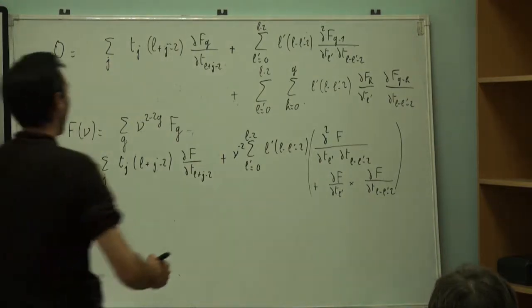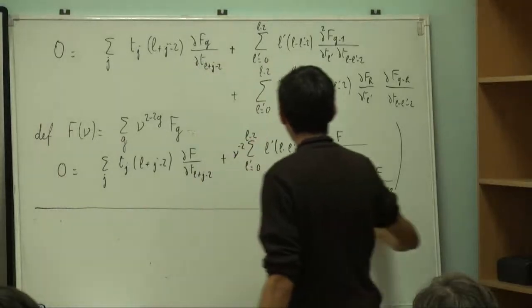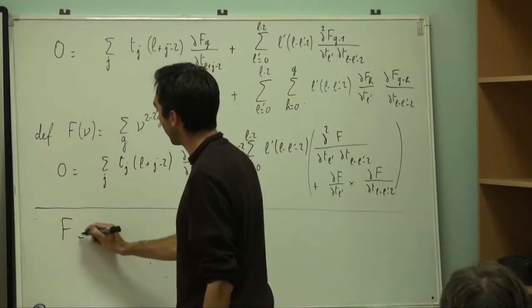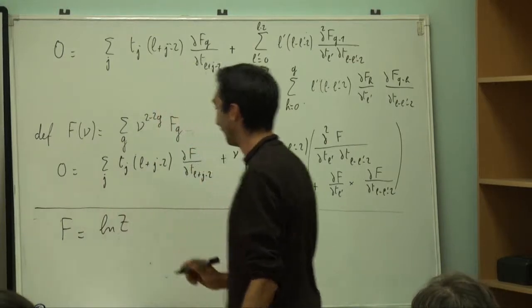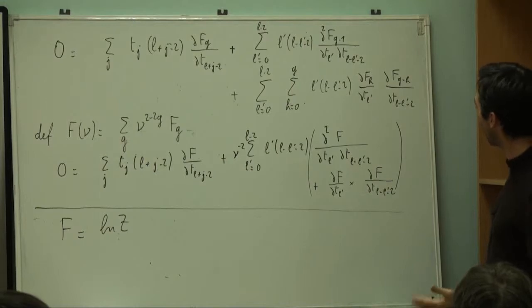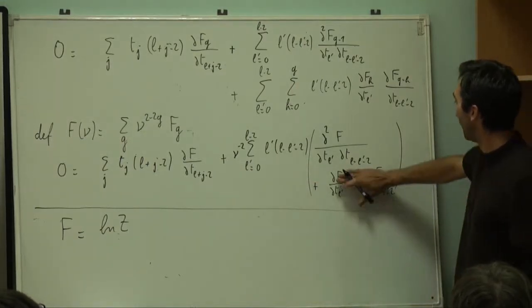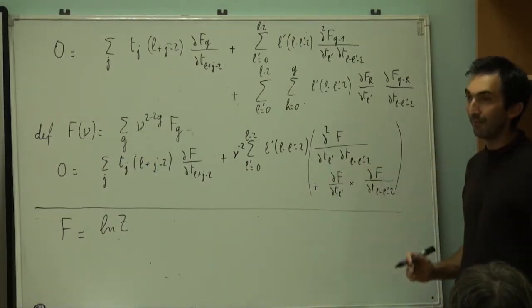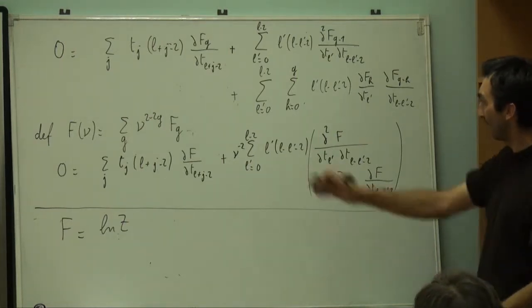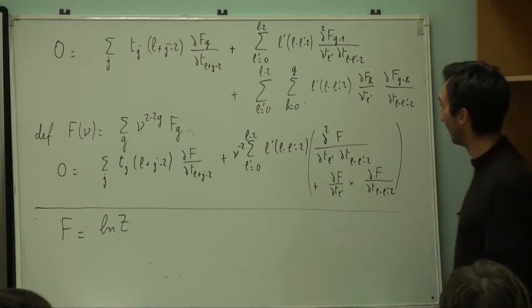So the idea is to write that the good variable is not f, but f equals log z. So now when we do that, we will see that the quadratic term disappears and we have only a linear equation for z. It's just a simple change of variable.